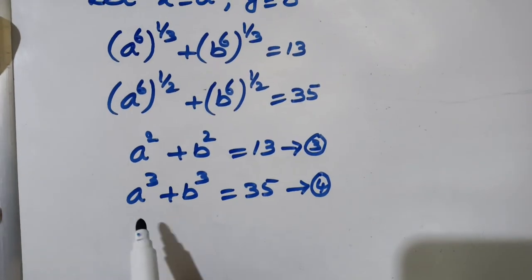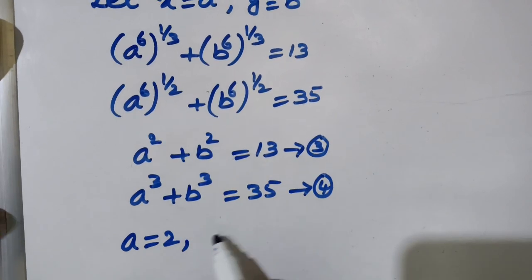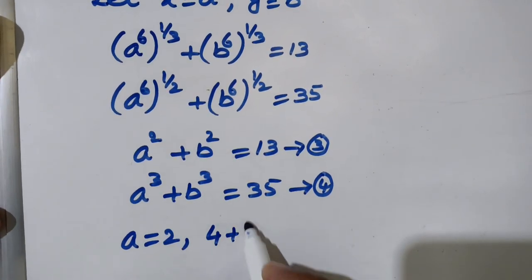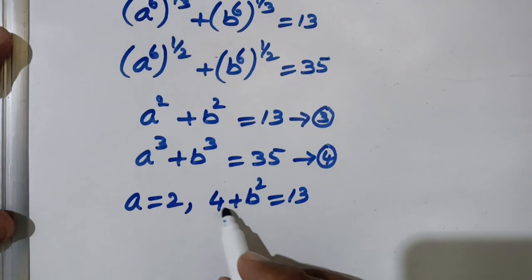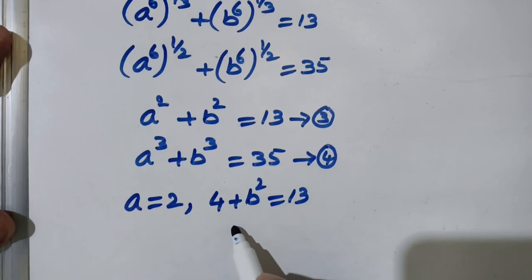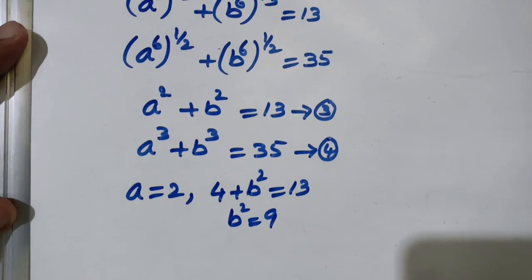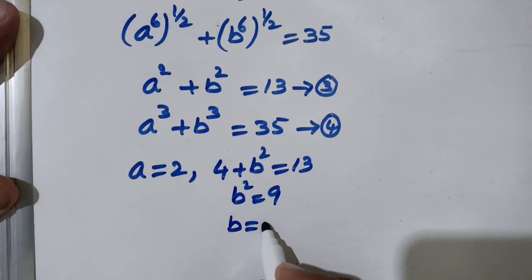So now what can I do? Let me take a is equal to 2, which gives 4 plus b square is equal to 13. Taking 4 to this side and subtracting from 13, it becomes 9. Then b square is 9, and b is plus or minus 3.